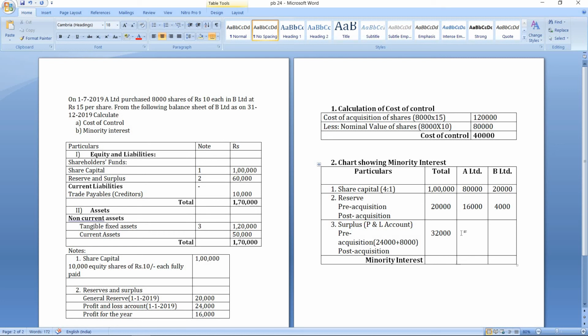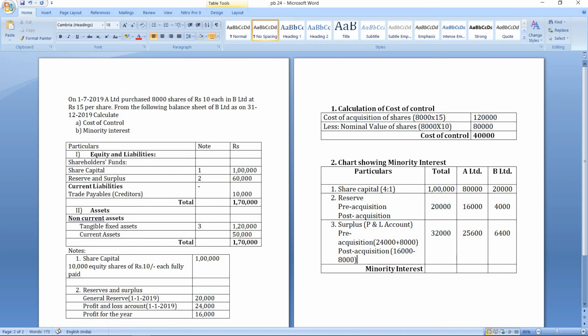So 32,000 into 4 divided by 5, that will be 25,600. Similarly, for remaining shareholders, 32,000 into 1 divided by 5, that will be 6,400.